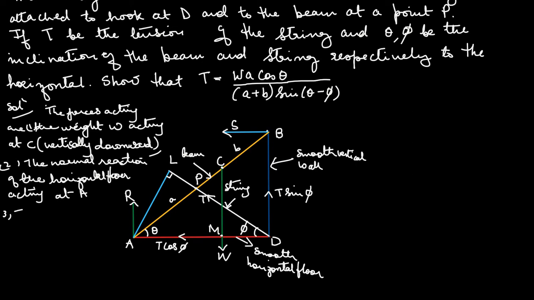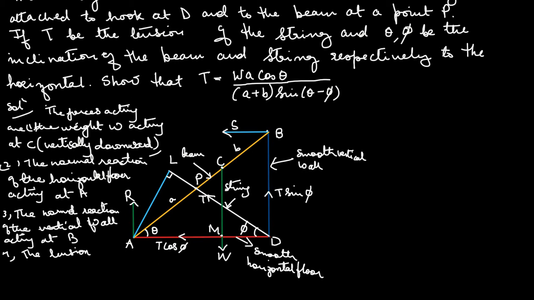Number three, the normal reaction of the vertical wall acting at B, perpendicular to the wall. Number four is the tension T of the string.